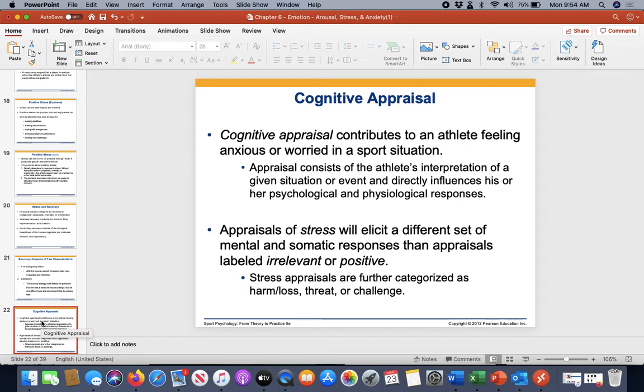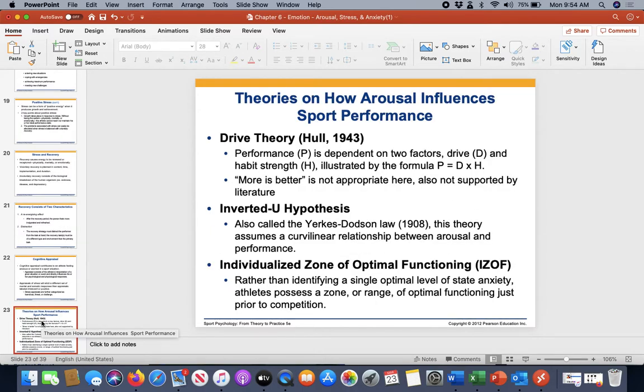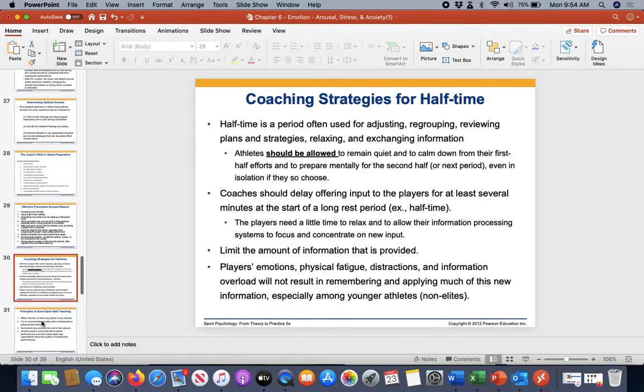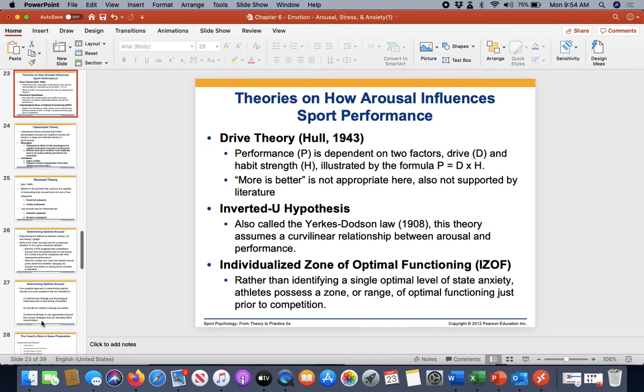Because if we look at that over and over again, we can determine where we've got to be in the help process to get these players and exercisers to where they need to be. There's a bunch of different theories that came from this.